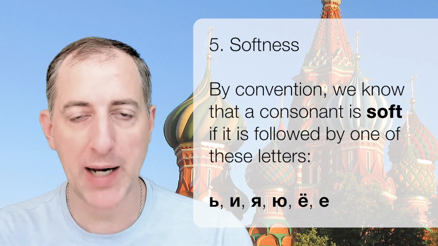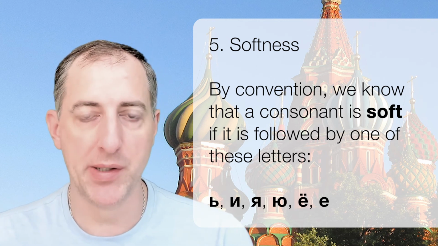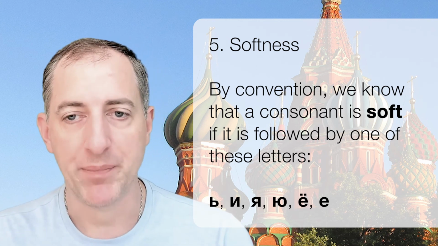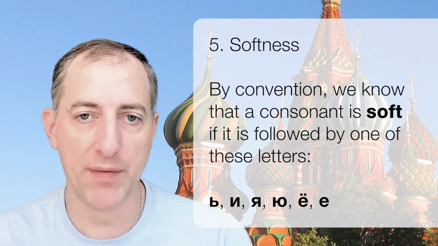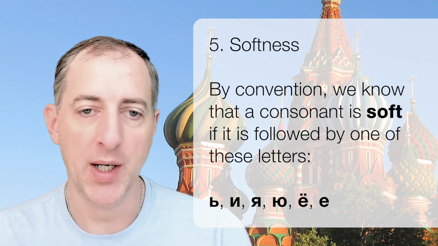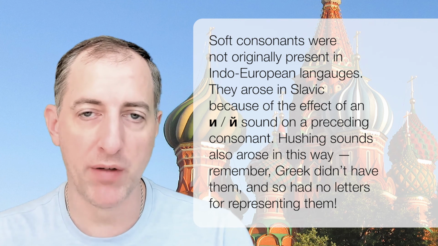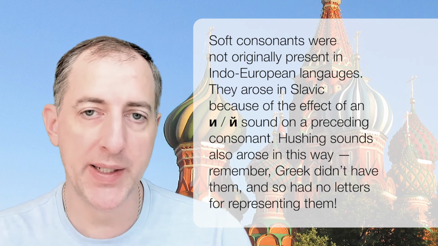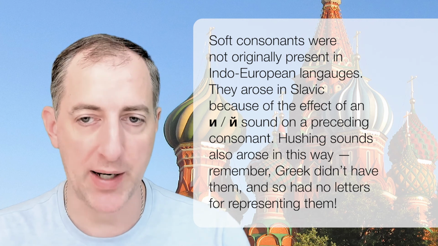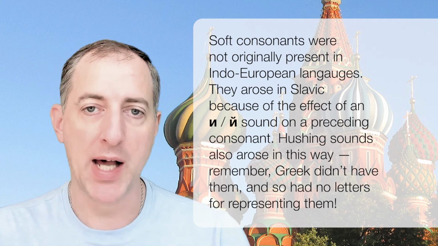So that's the exact position of the tongue that we just talked about as being necessary to make a soft consonant. Historically, that's where these soft consonants came from. They came from an ordinary hard consonant being followed by this e, y sort of action, and those sounds blended together to produce new sounds, these soft consonants that are so characteristic of Slavic languages.